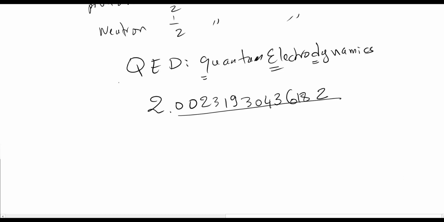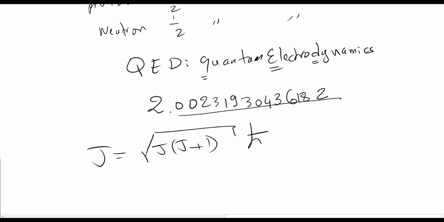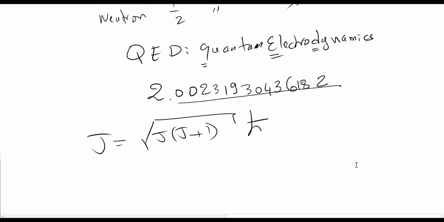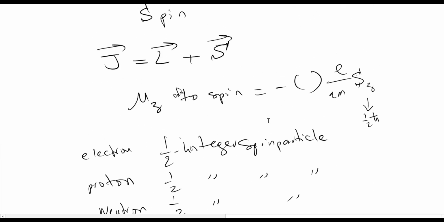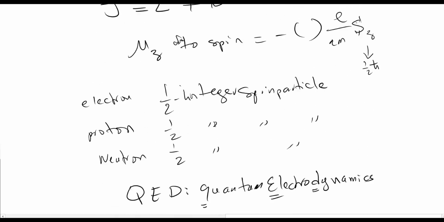Now let's include the value of J. So J is going to be the square root of J times J plus 1, and the whole thing is h bar. This is with the value of the spin included now. This is the J, which is just the sum of the two vectors.